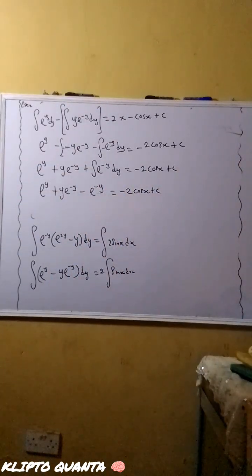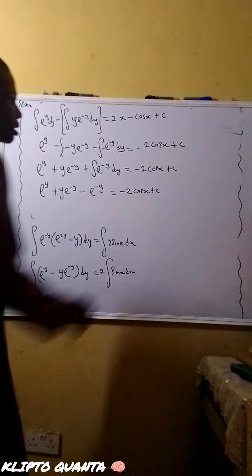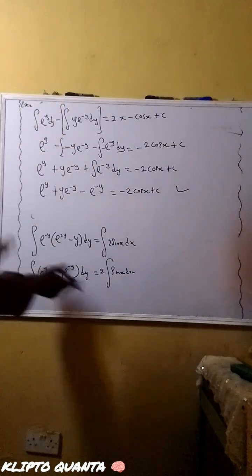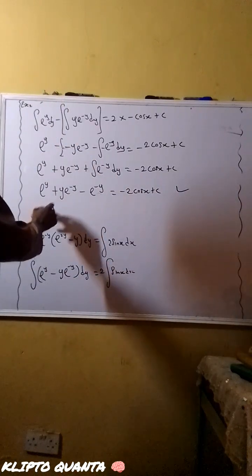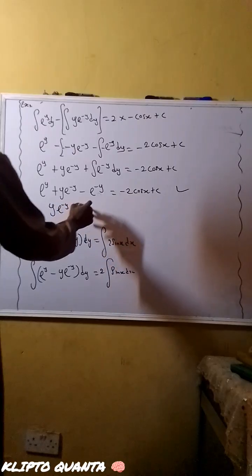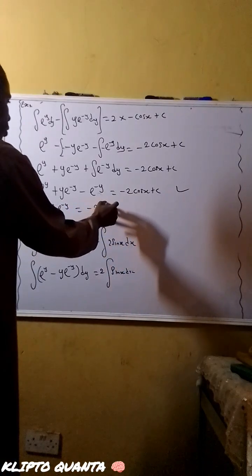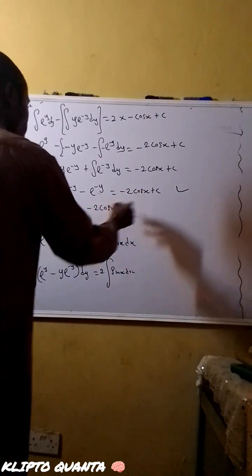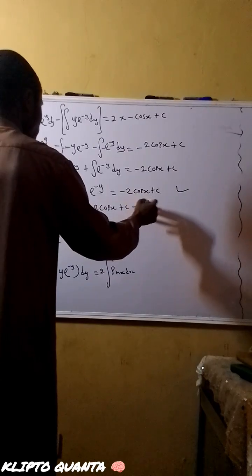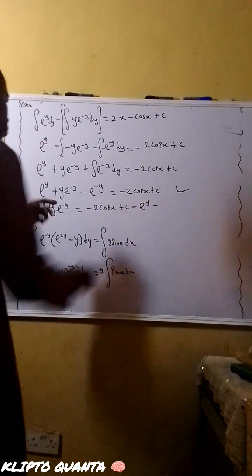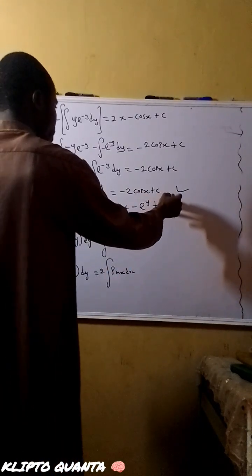So from that point of view now, this is our answer, the general solution of the equation already. But you can start to break it down much more. By doing that, I can say I have y e raised to power negative y equals negative 2 cos x plus c, then minus e raised to power y plus e raised to power negative y.